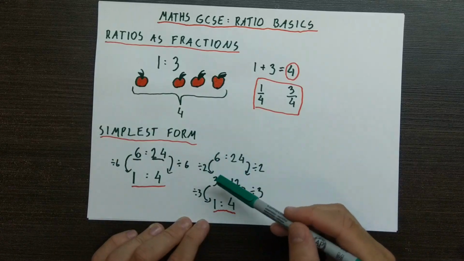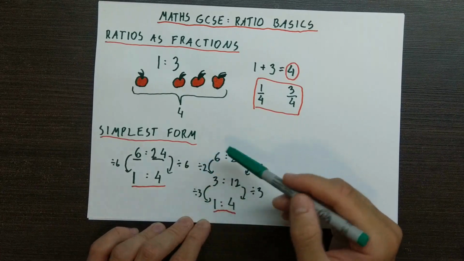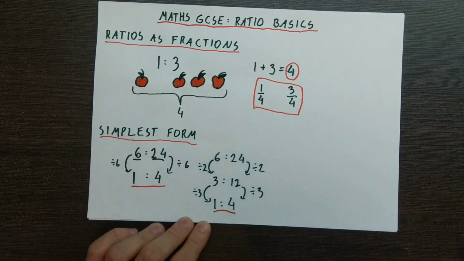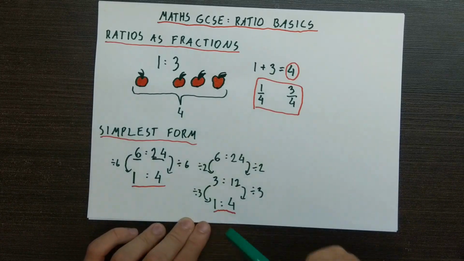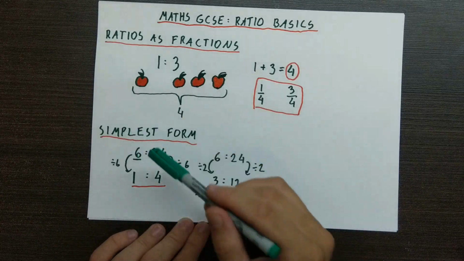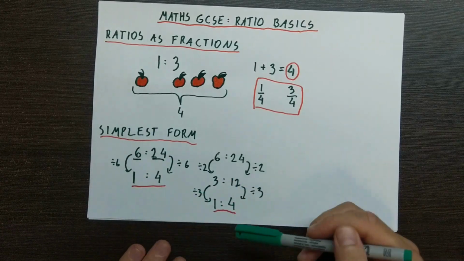You divide by 2 first, or you divide by 3, whatever works. And then you carry on until you get to two numbers that you cannot divide any further. And that is how you know that you reached the simplest form of the given ratio.